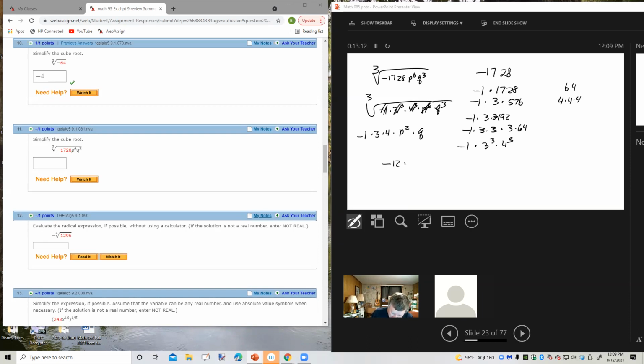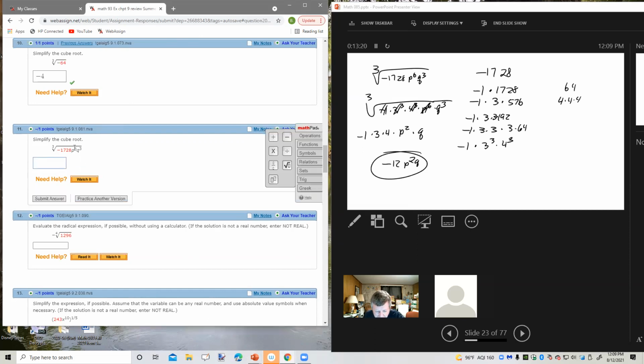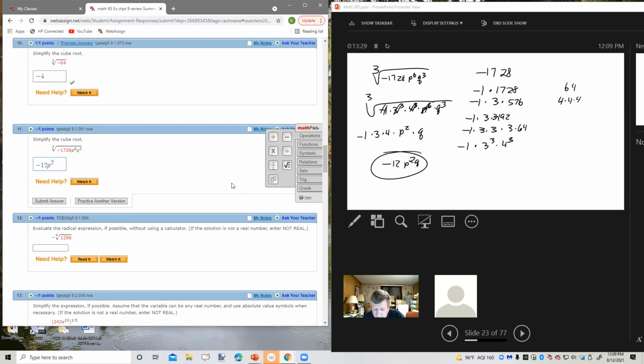So I've got -12 p squared q. Easier to do than to say. All right, so we've got -12 p squared, right arrow key, q.